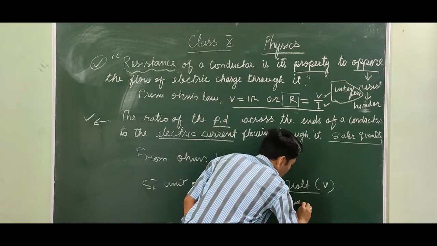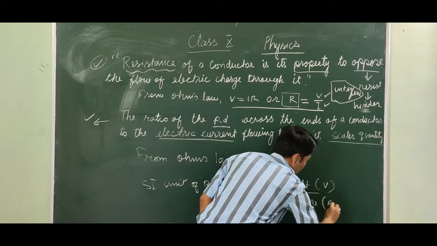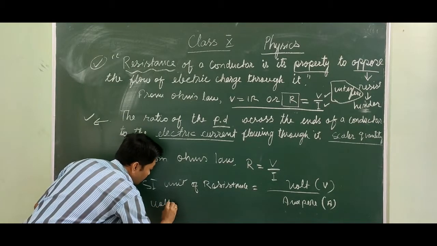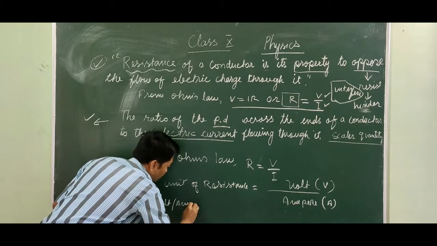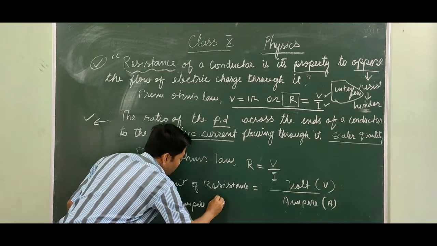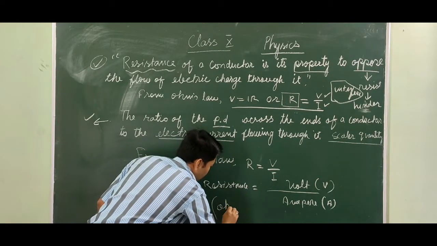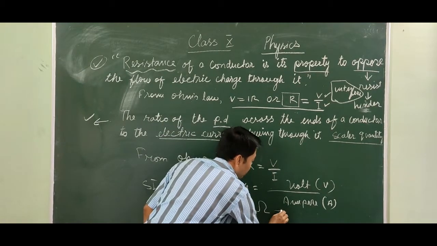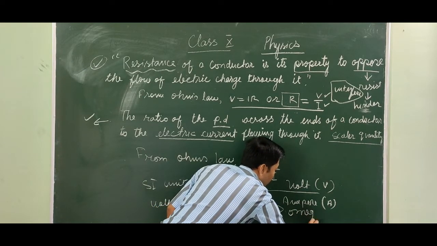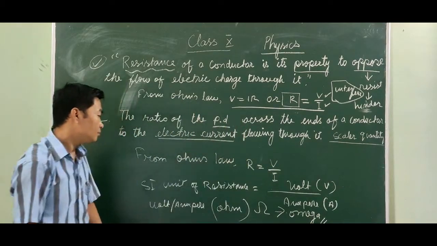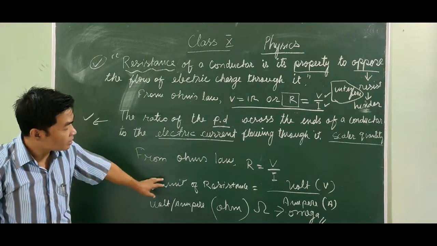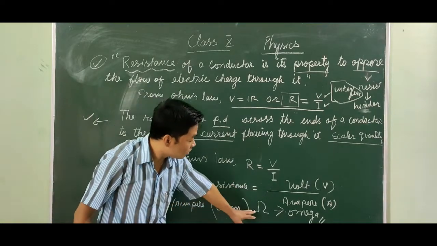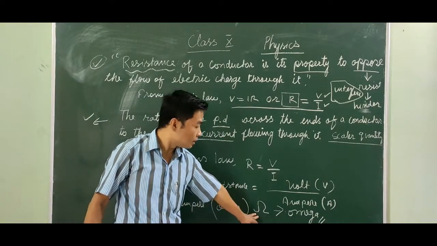Ampere, which is capital A. So the SI unit of resistance will be volt by ampere, which is known as the ohm, and it is denoted by a Greek letter symbol, which we call omega. So the SI unit of resistance is the ohm, and we write this symbol, the Greek letter omega.